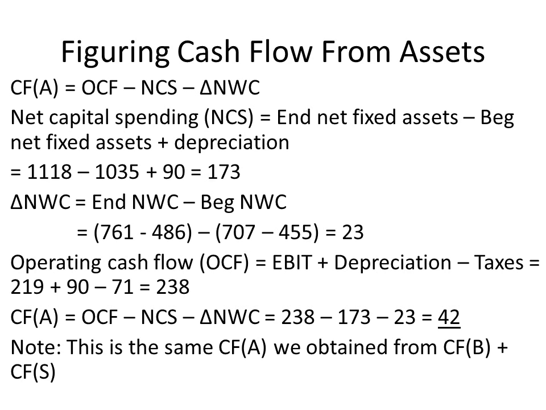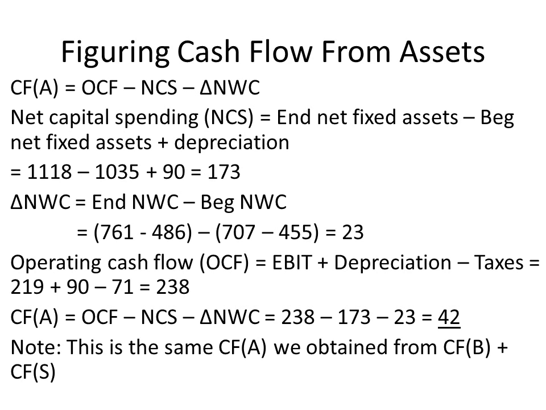Now, there's one problem here. That ending net fixed assets has been lowered by the amount of depreciation compared to beginning net fixed assets and the actual net capital spending. So we're going to have to add that back. So net capital spending is equal to ending net fixed assets minus beginning net fixed assets plus depreciation.